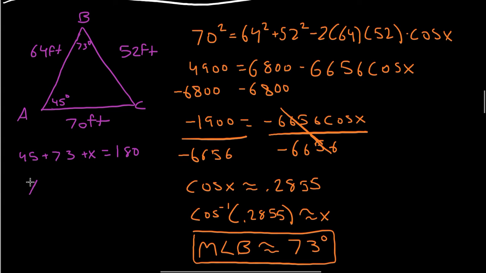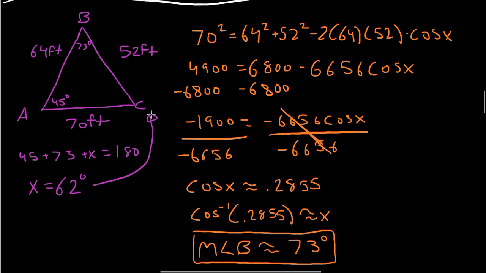Then x is 180 minus the sum of 45 and 73, which is 62 degrees. So the measure of angle C is equal to 62 degrees.